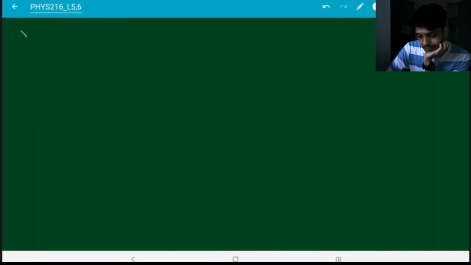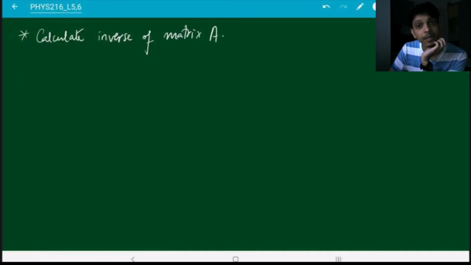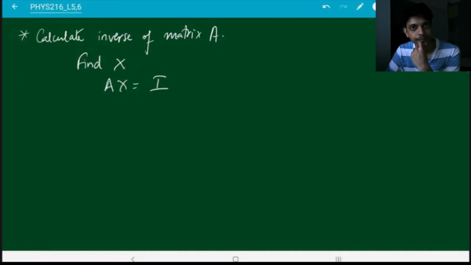The next problem is how to calculate the inverse of a matrix. So what do we mean by the inverse of a matrix? I want to find the matrix X which satisfies A times X equals identity. You might have already guessed now, with the help of the elementary row transformations, what we need to do.